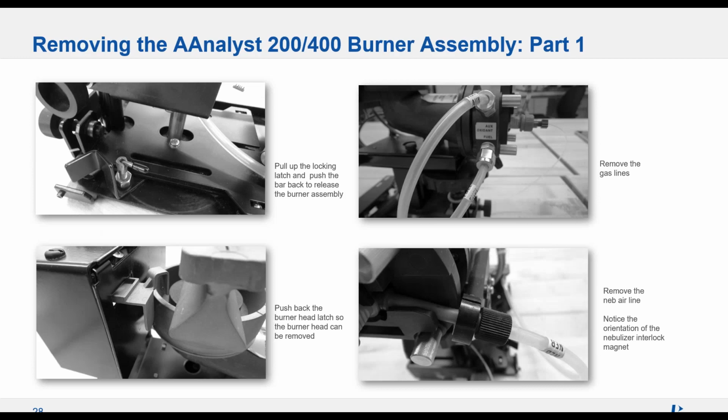Now, probably the hardest part about maintaining your flame system is removing the burner assembly. On the 200-400, you pull up on the locking latch and push the bar back to release the burner assembly. Then you also push back on the burner head latch so that the burner head can be removed.